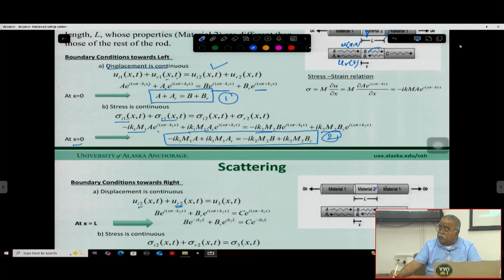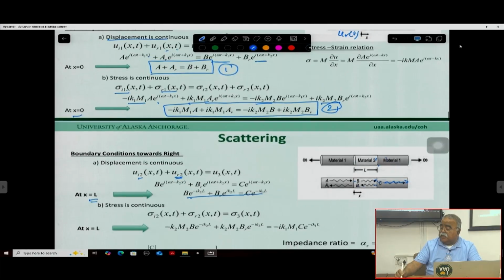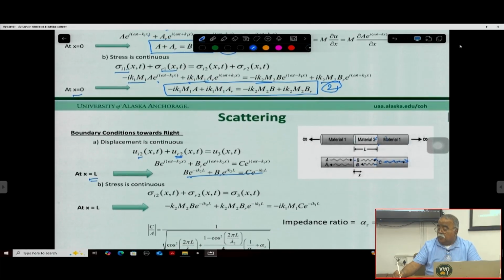So u3(x,t), and that at x equals L, because this is your L distance, x equals L, everything looks like this. And similarly, if you take the stress part, then the stress part between this surface will be equal to this one, right?